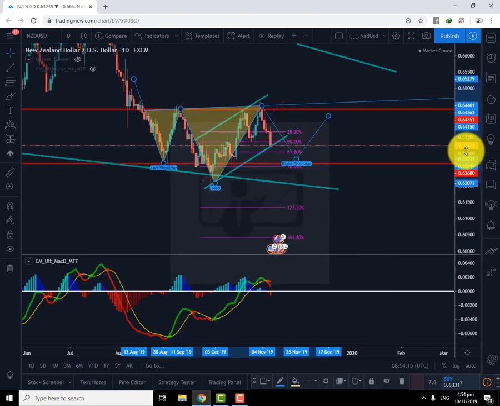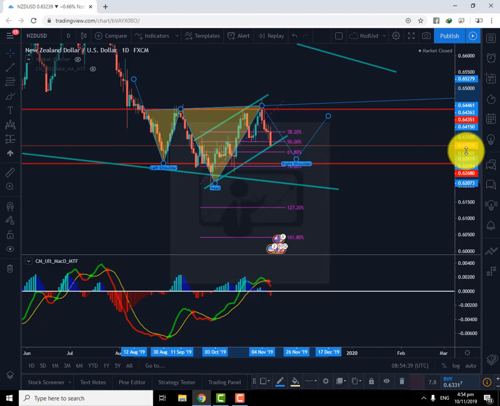Now that's for the 1 day, but of course I don't create my entry on a daily time frame, for the reason that I can't compute my stop loss and take profit well when creating an entry point on the 1 day time frame.